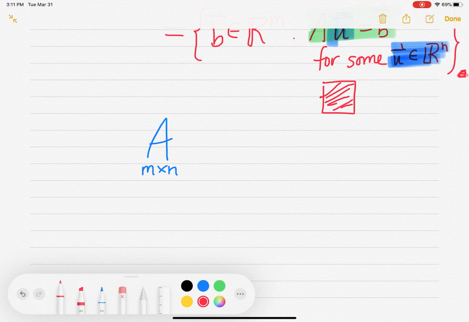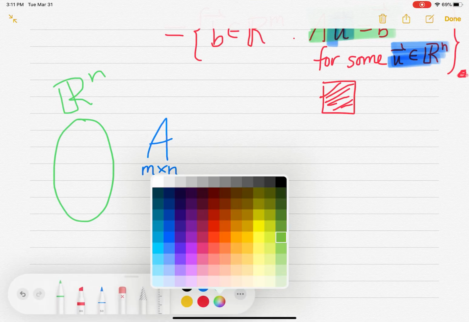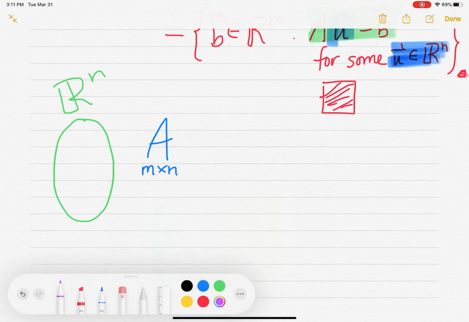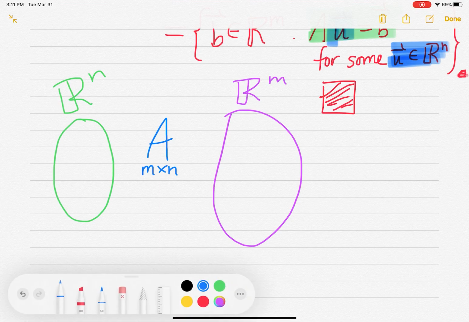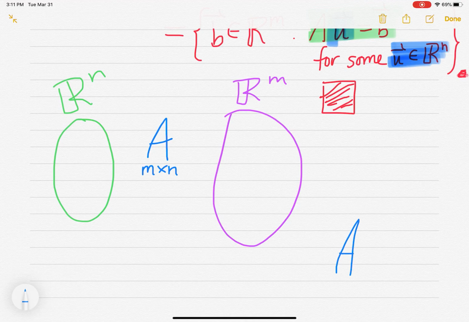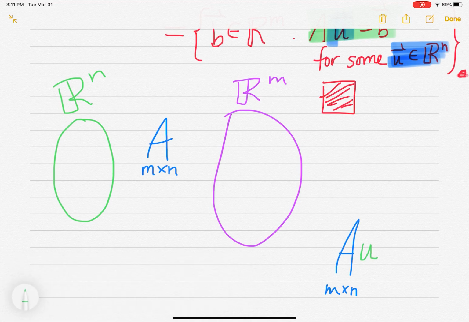So over here, I'm going to have my set called Rn, and over here, I'm going to have my set called Rm. So off to the side, let's say I take matrix A, it's m by n, and I plug in a green vector. Let's call it u. U has to be n by 1, right?